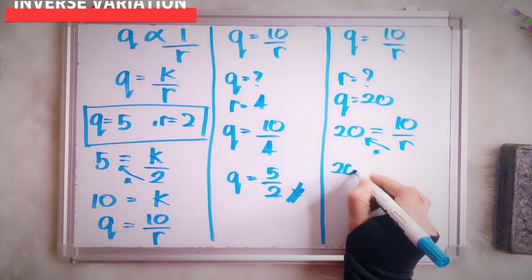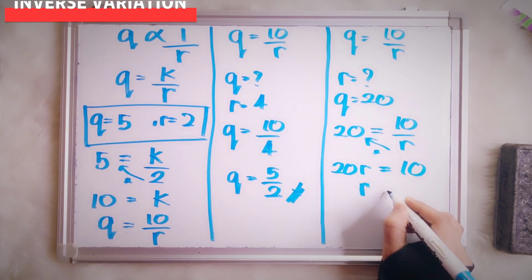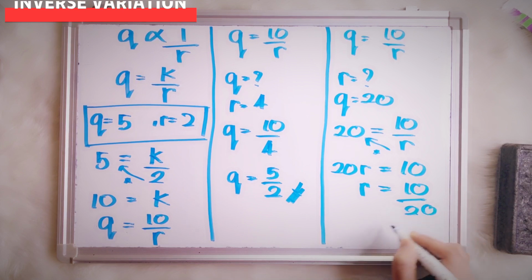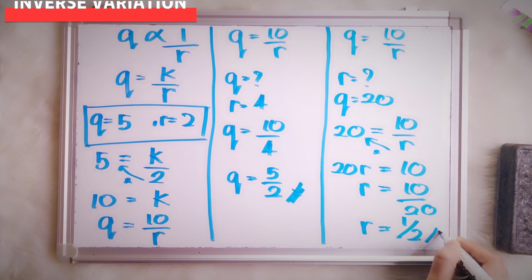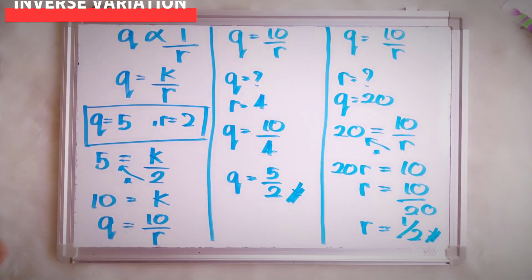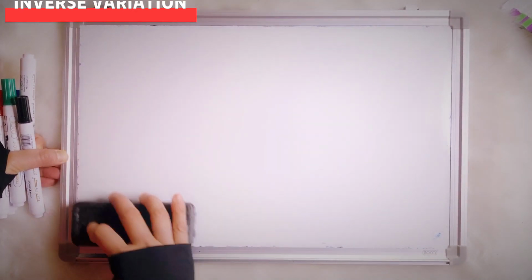So you have here 20R equals 10. Now your R will be 10 over 20. So that means your R is 1 over 2. I hope you understand, inshallah. Now, one more.